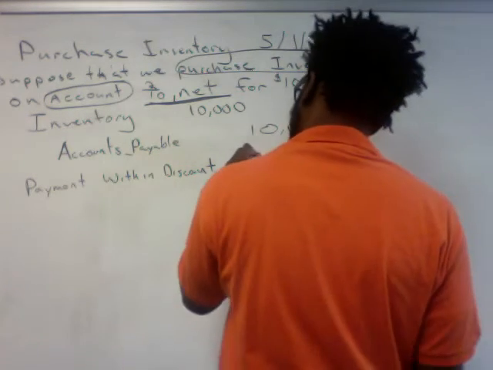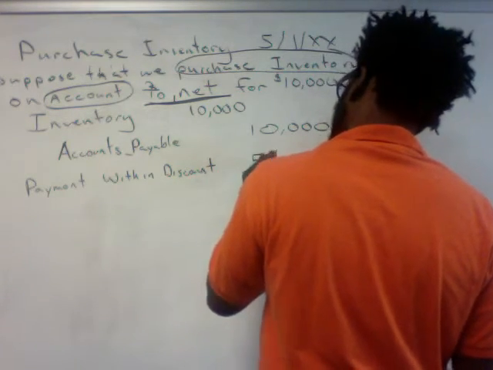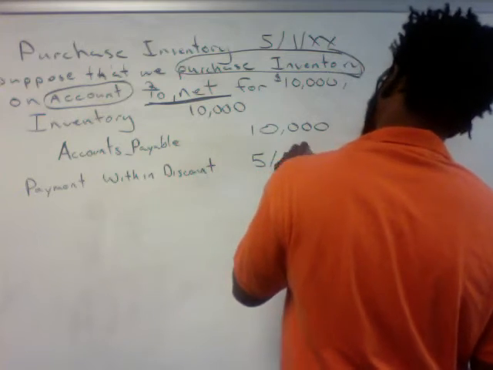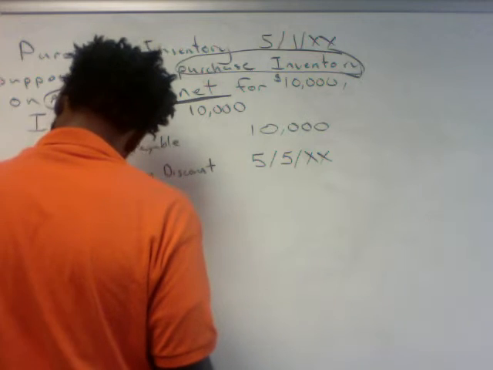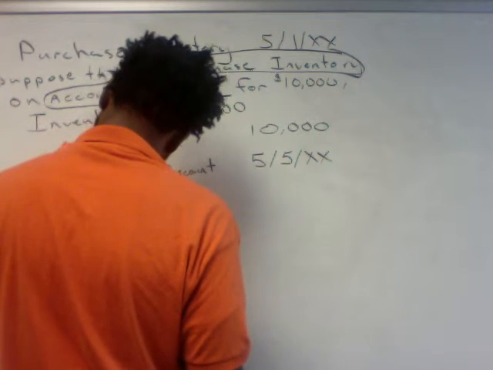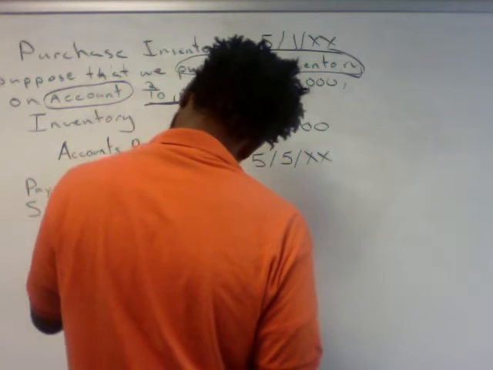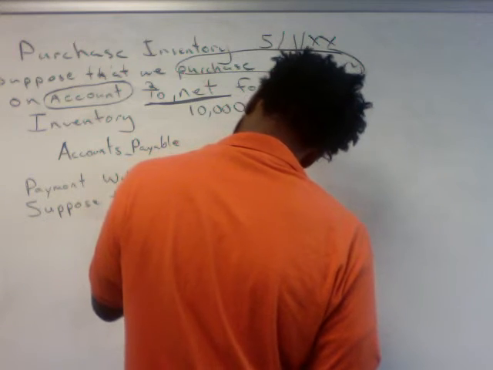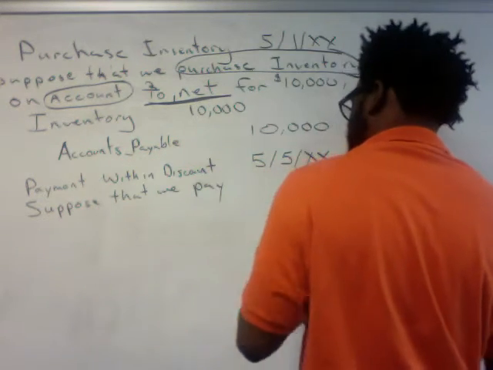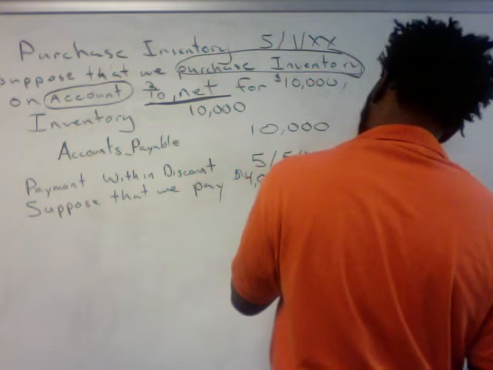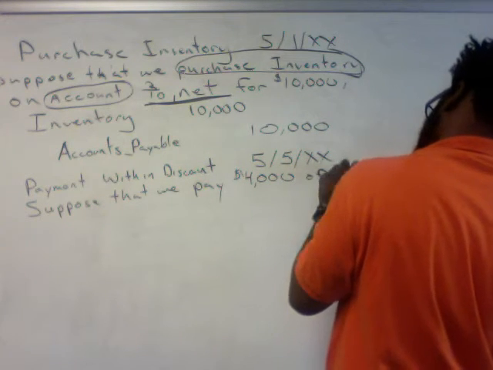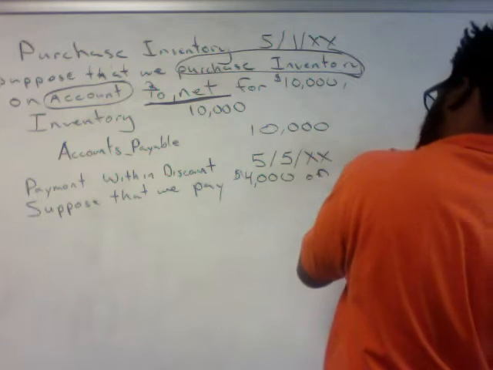Let's suppose that it is the 5th of May, and suppose that we pay, let's say, $4,000 on account. What are the key words?